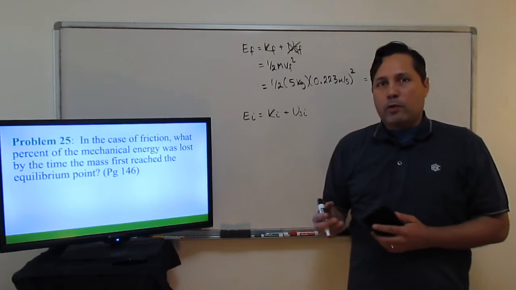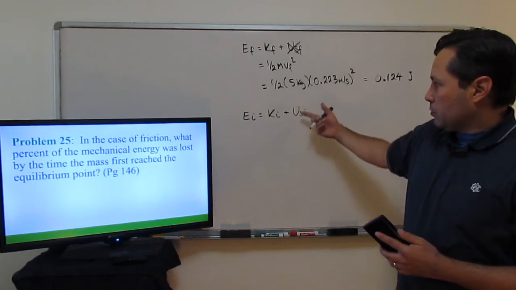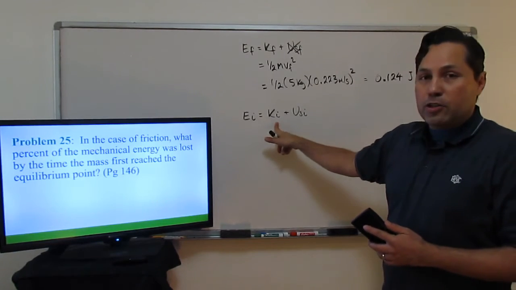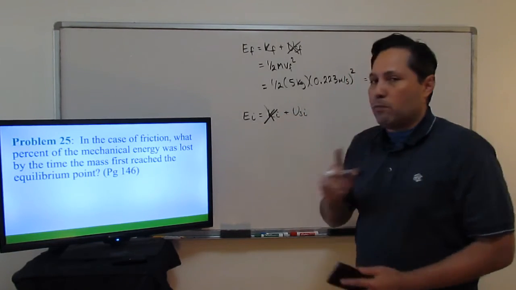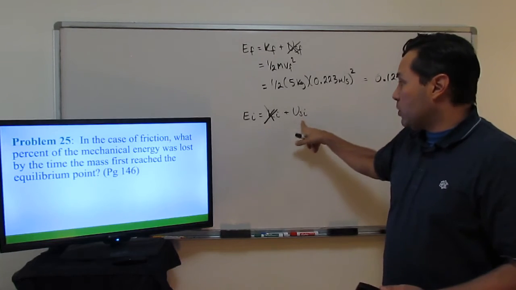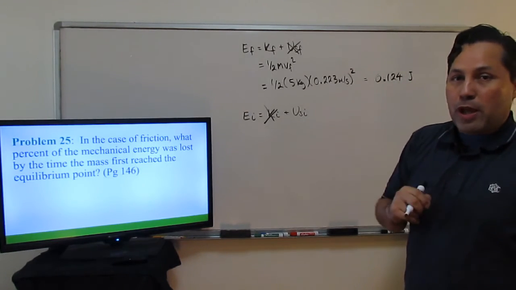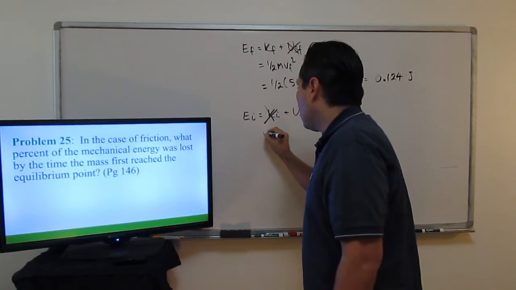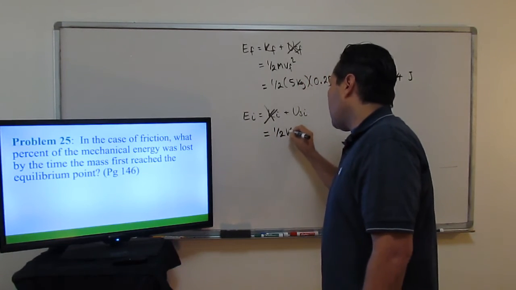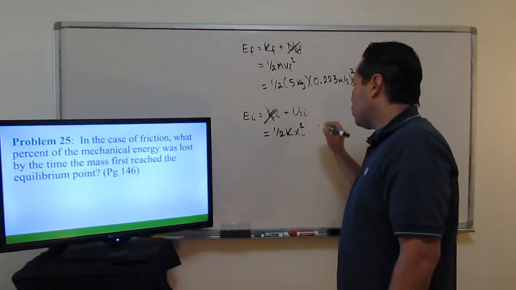Our initial mechanical energy was, let's see, kinetic energy. No, we didn't have it. Initially that block was not in motion, but the spring was compressed, so we do have an initial potential energy of a spring. So that is 1/2 the constant times the compression initial squared.